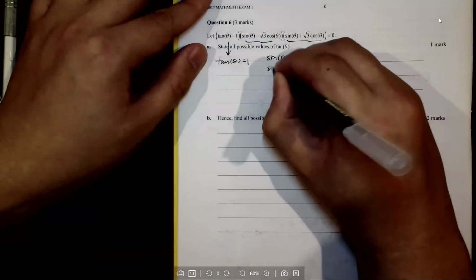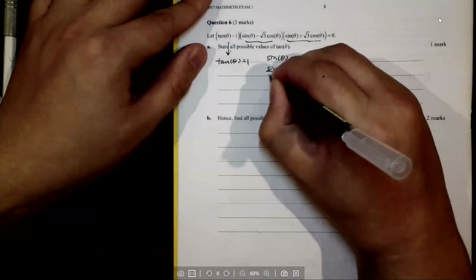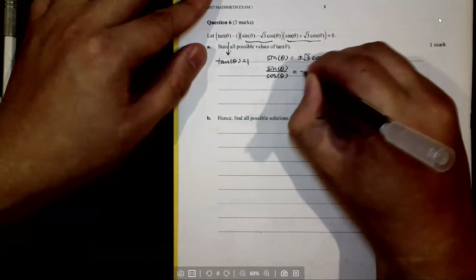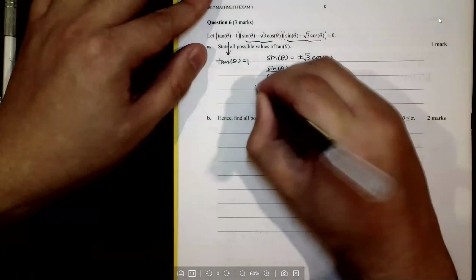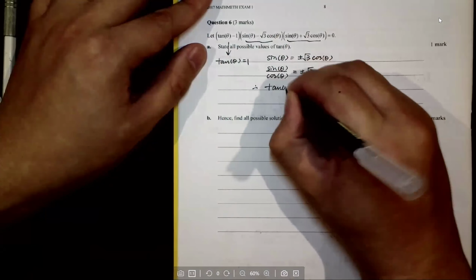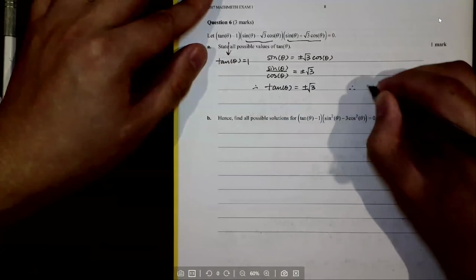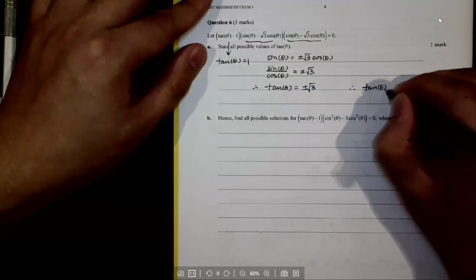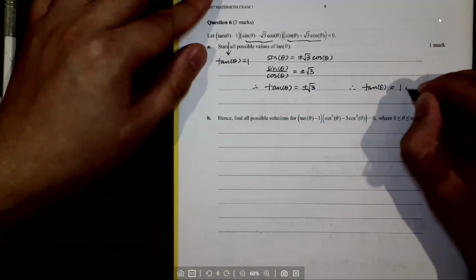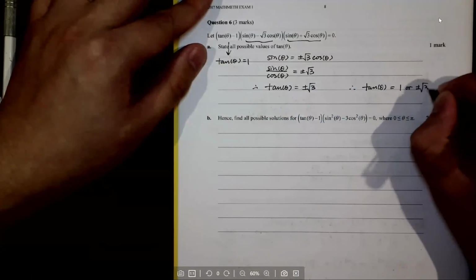And we can divide everything by cosine theta to get plus or minus root 3. Therefore, you get tangent theta equals plus or minus root 3. So tangent theta altogether equals 1 or plus or minus root 3.